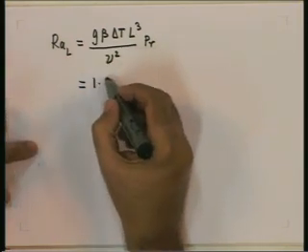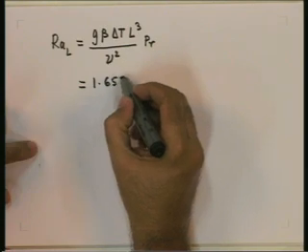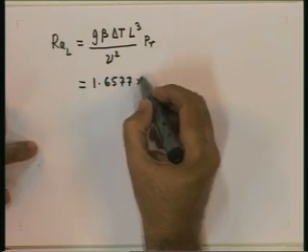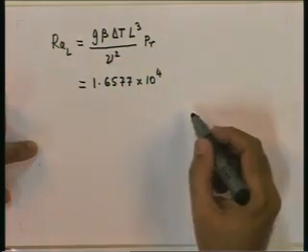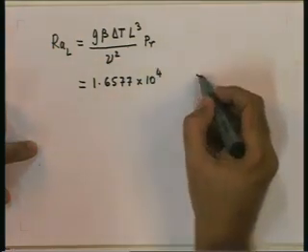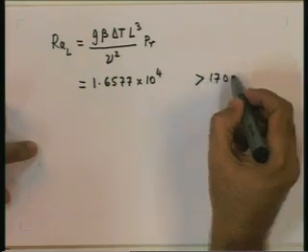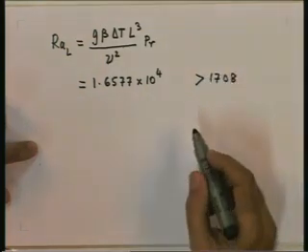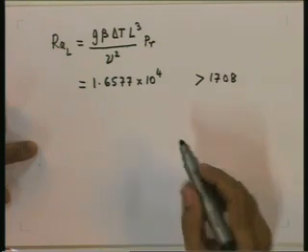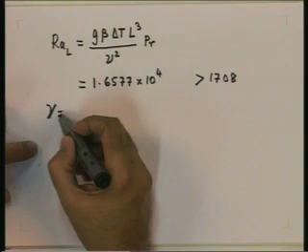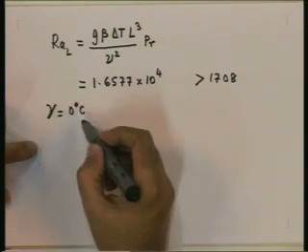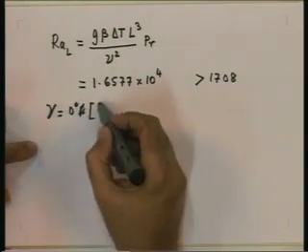This turns out to be 1.6577 into 10 raised to 4. This is greater than 1708, so there will be natural convection in the gap. Let us compute at gamma equal to 0 degree. So, horizontal.